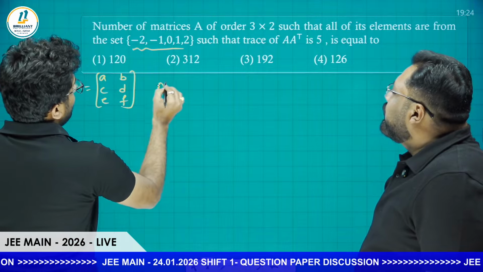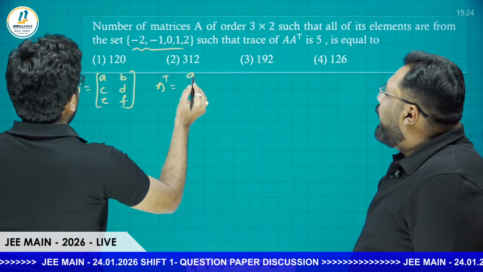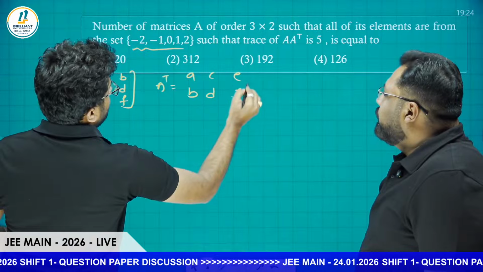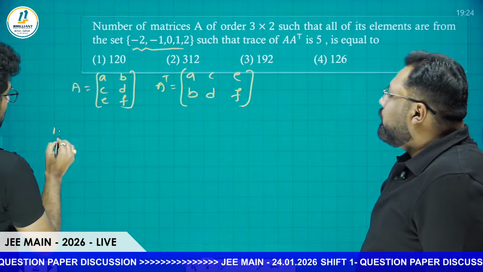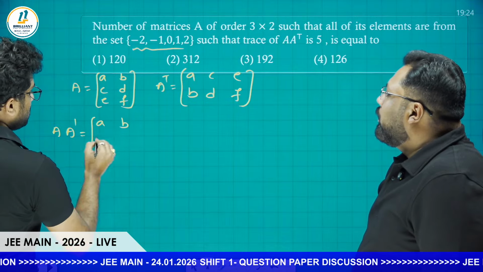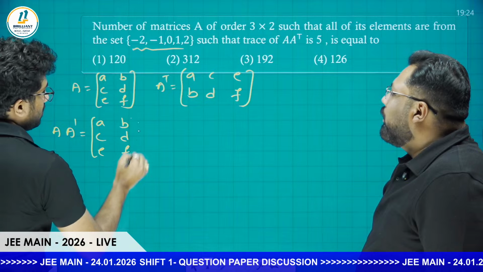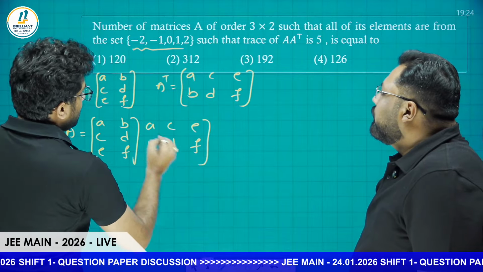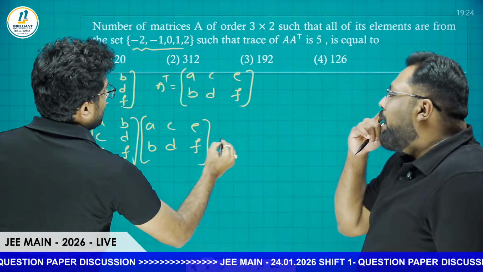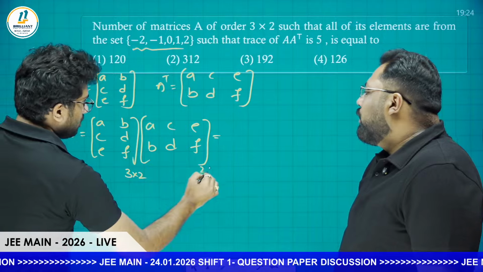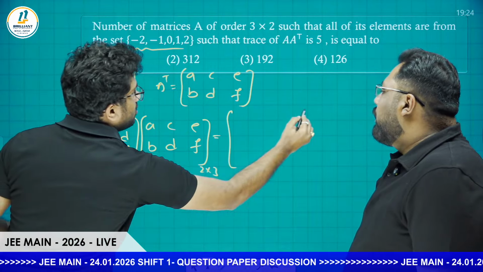And A transpose will be now A, B, C, D, E, F. When we multiply A into A transpose, they are only focusing on trace, so let's only multiply the diagonal elements. 3 by 2 multiplied by 2 by 3 will surely give 3 by 3.